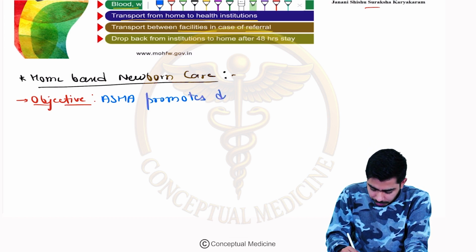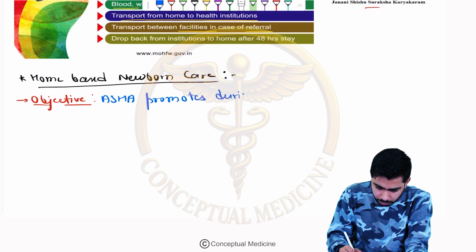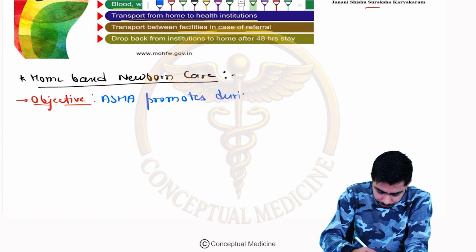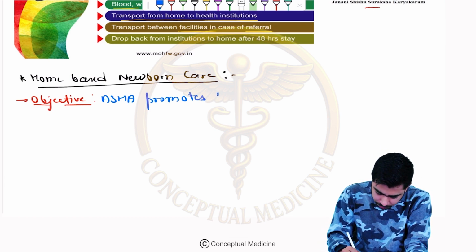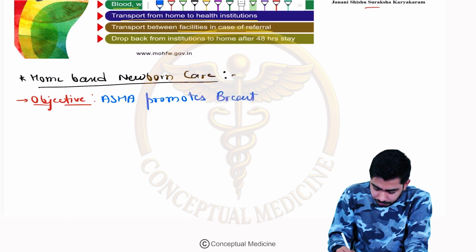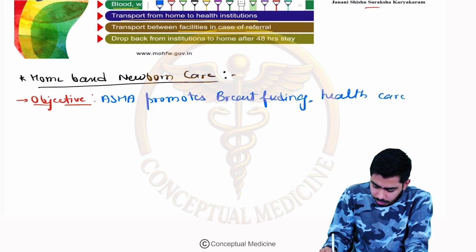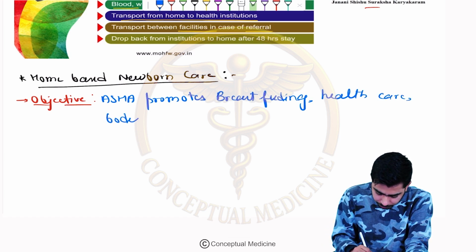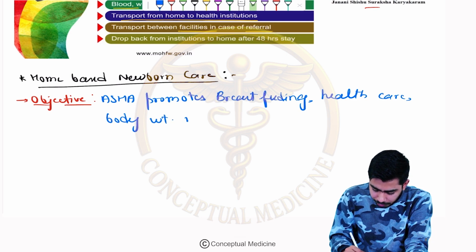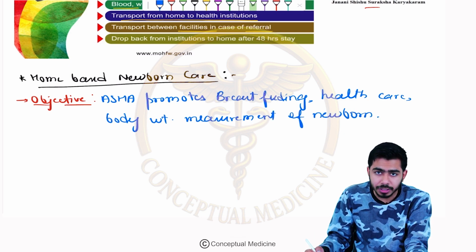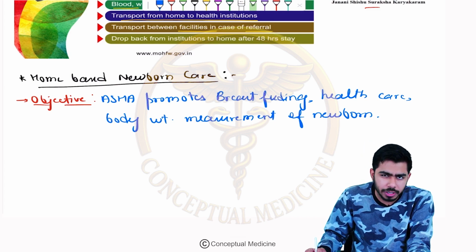ASHA promotes the breastfeeding, ASHA will be promoting health care, and she will be checking the body weight measurement of the newborn, that whether the baby is growing according to the growth chart and all.